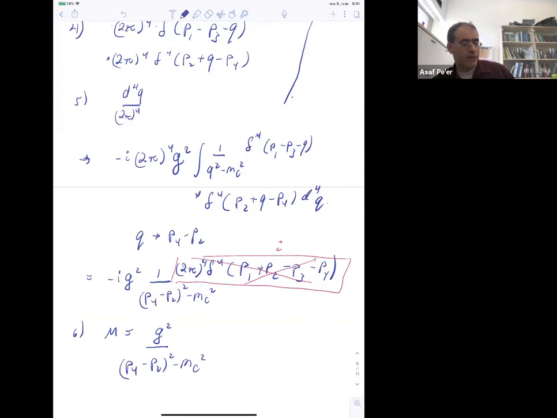So when we carry out the integration, we end up with a Mandelstam T variable, P2 minus P4. That explains it.